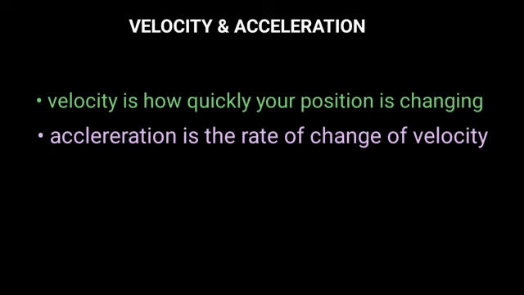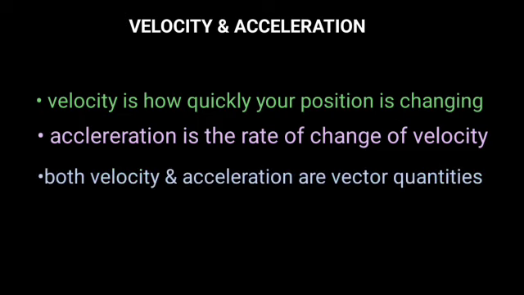We sometimes call this deceleration or negative acceleration. Just like velocity and displacement, acceleration also has a direction, making it a vector quantity. It tells you how quickly your quickness is changing and in what direction that change is happening.